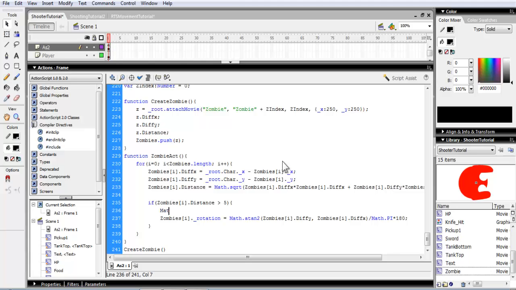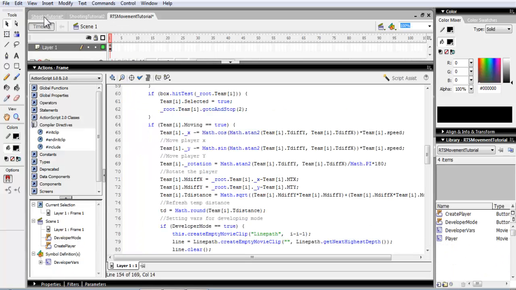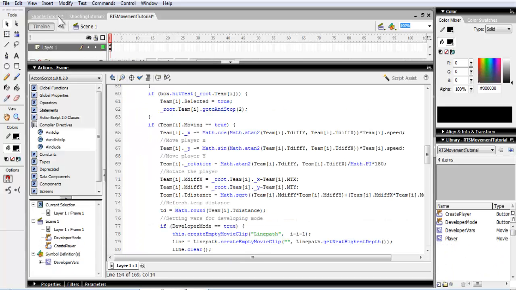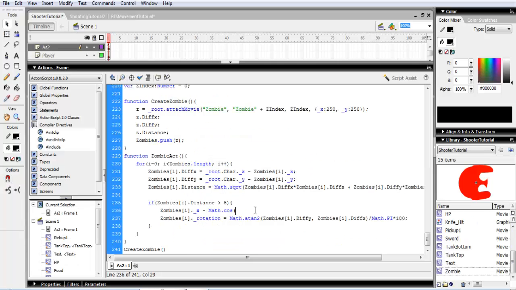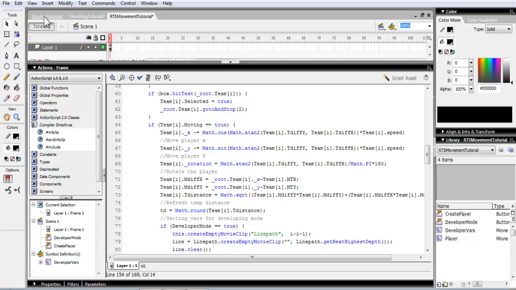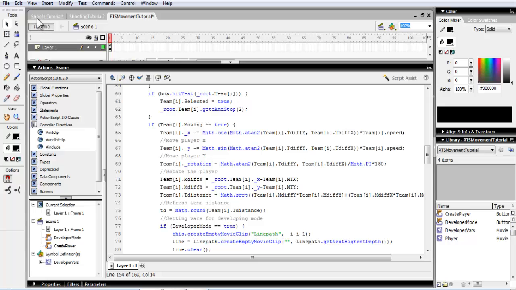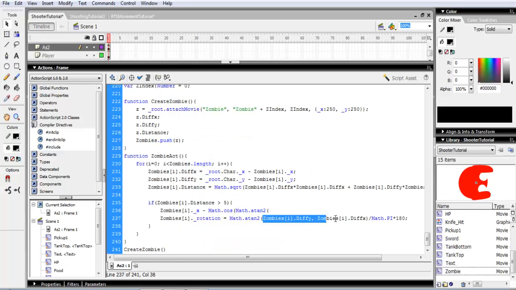So Math, zombies.i. I'm just having a look at this. Yeah, that's what I'm thinking. ._x minus Math.cos. Is it x? X is cos and y is sin, isn't it? Cos. Then Math.atan2. Is it atan2? Yep. That again.